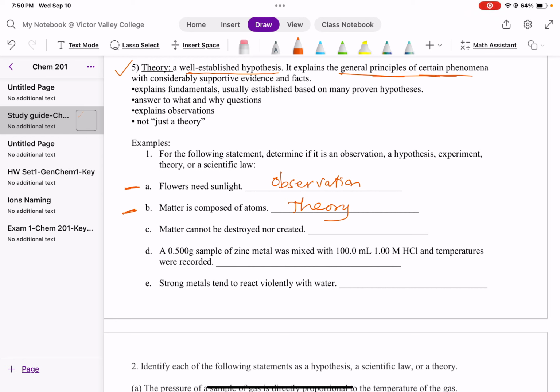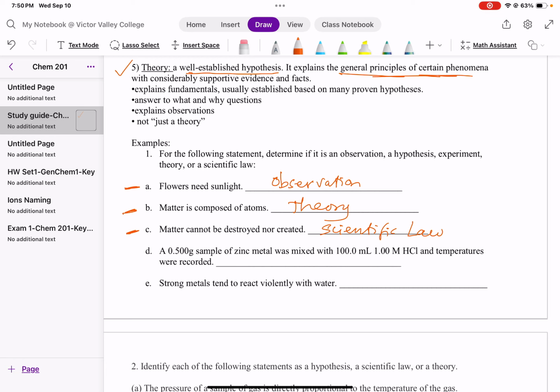And then if someone makes a lot of observations and says matter cannot be destroyed nor created, that's a scientific law. It's not like government law or traffic law. This is absolutely right.